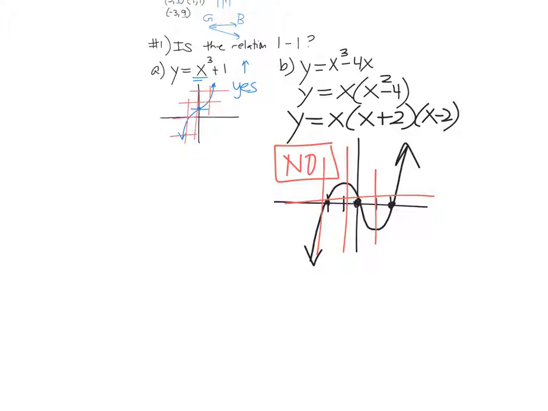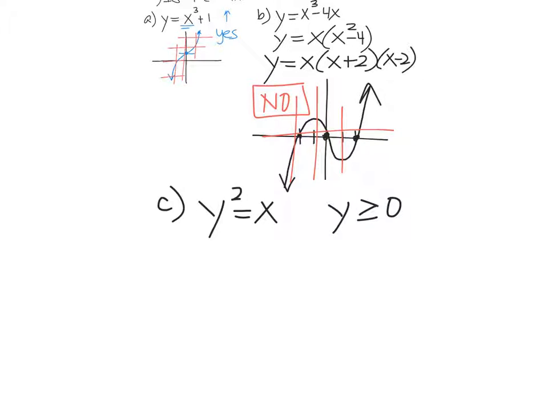What about a circle? Is a circle one-to-one? No, not at all. Okay, how about this one? Y squared equals x, but only when y is greater than or equal to 0. That's a weird one. Do you know what the graph of y squared equals x is?